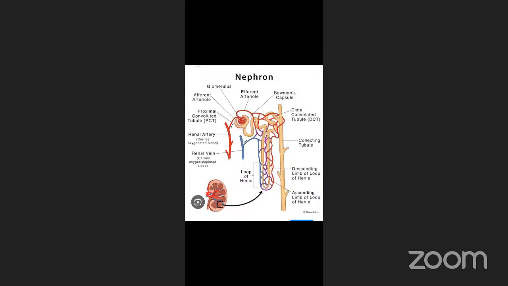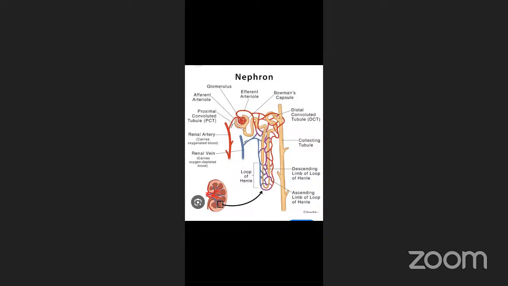So when you look at the adaptive features, it is highly coiled to slow down the movement of the glomerular filtrate within it to cause more reabsorption. It is long to increase surface area for reabsorption.